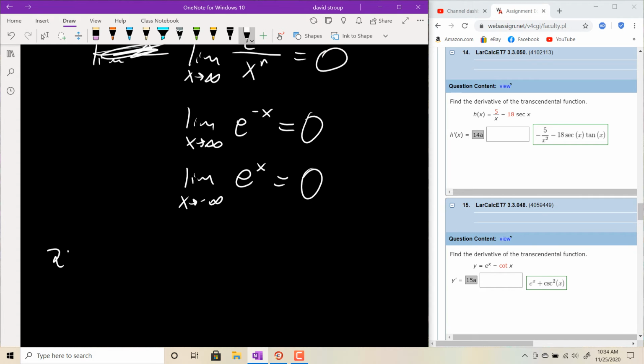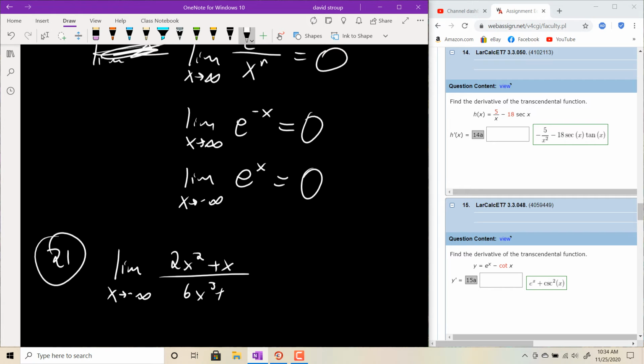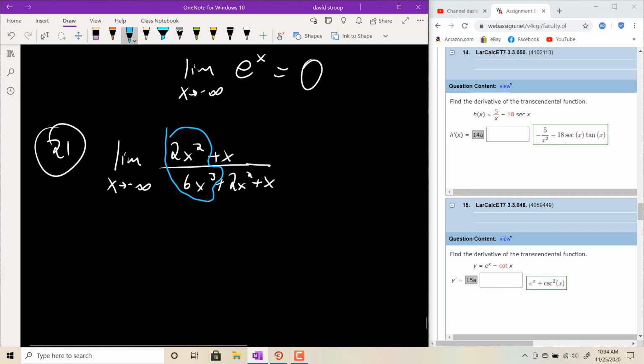So for example, 21, you have the limit as x goes to negative infinity of 2x squared plus x all over 6x cubed plus 2x squared plus x. Okay. So when you have these kinds of forms, you can just pick off the high degree terms in the numerator and denominator and look at that resulting limit.